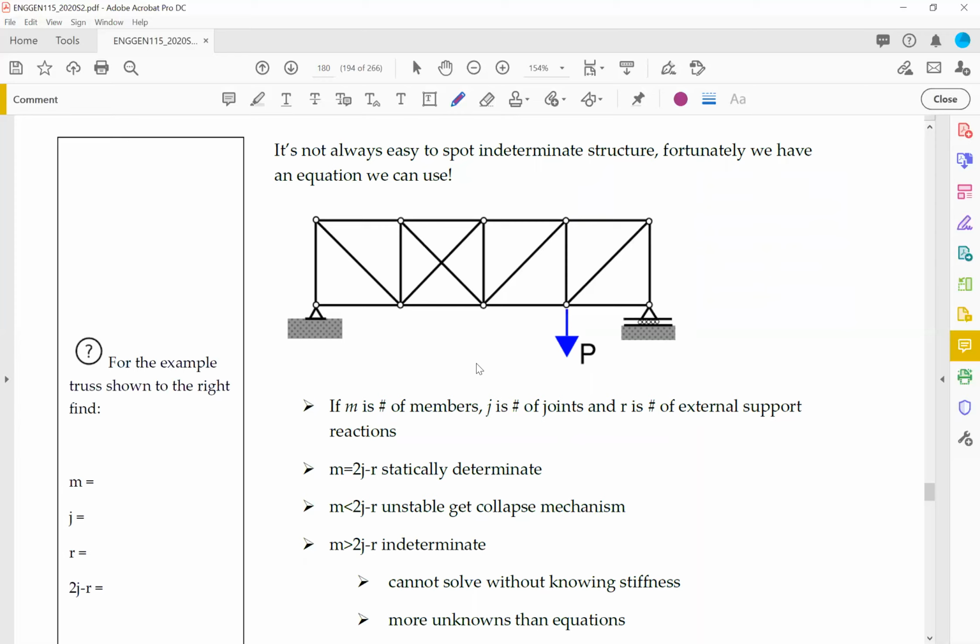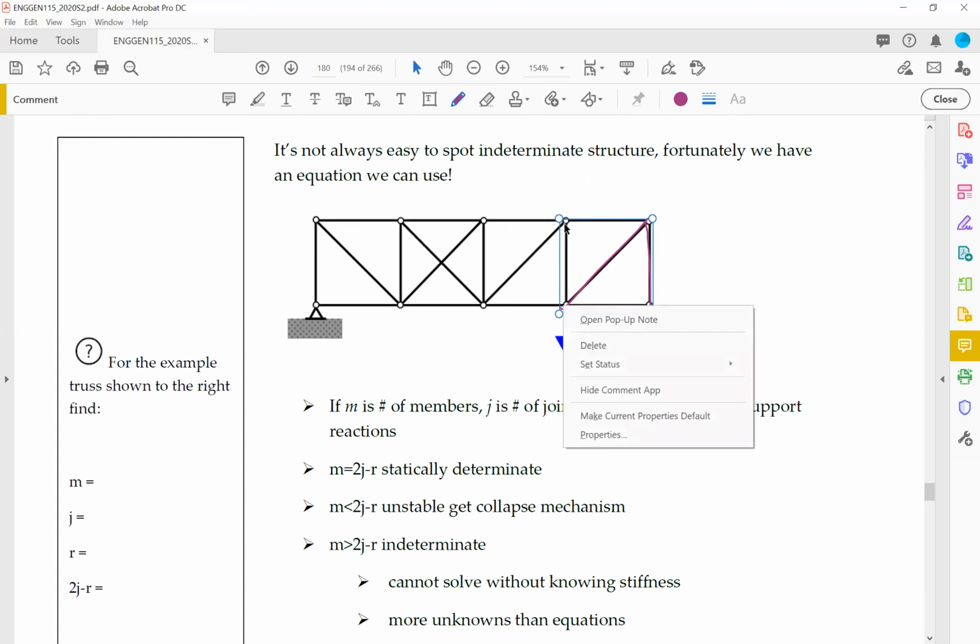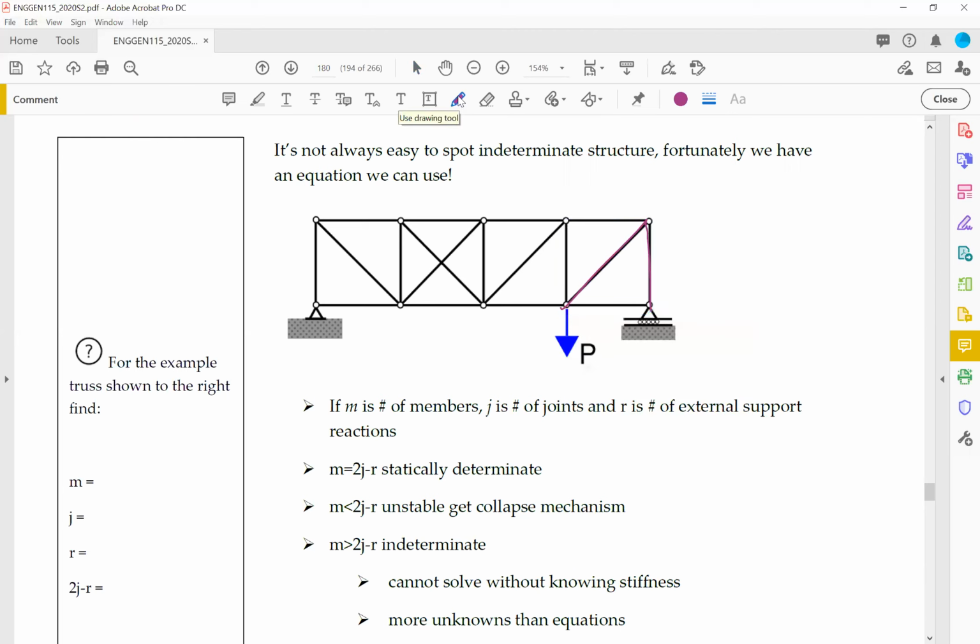So let's look at this example here. Again, the load will go through there. On the other side, the load will come through this member and then through this member, okay? And then it can go through this member and this member.